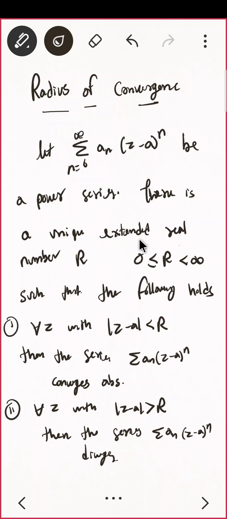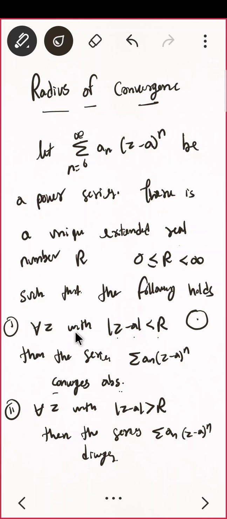So why is this r so special? Because in this region, that is |z minus a| less than r, this series converges absolutely, and outside that region it is divergent. You see, this is a circle around z equal to a with radius r. Correct?